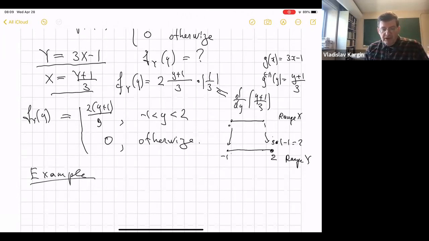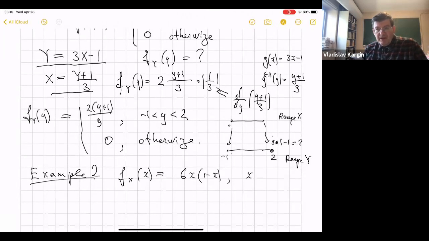So here's f_X(x). In example 2, f_X(x) is equal to 6x(1 - x), where this is a beta distributed random variable, so x belongs to 0 to 1, and 0 otherwise.